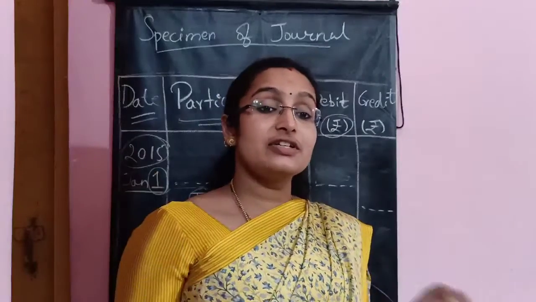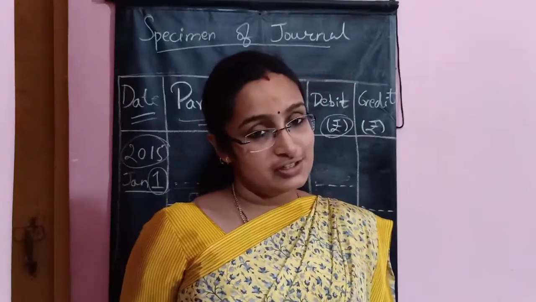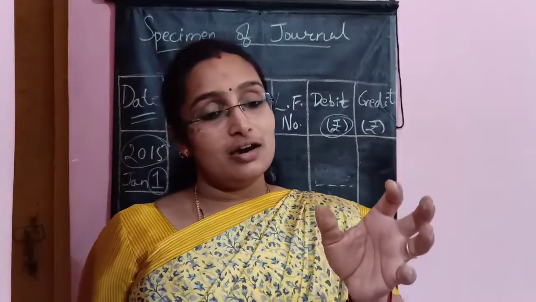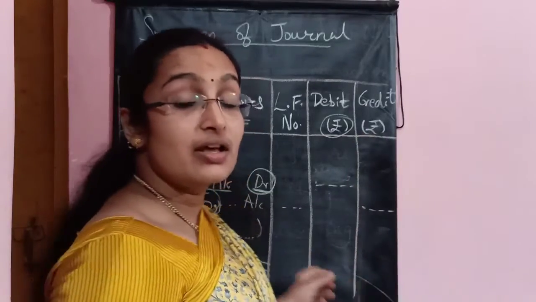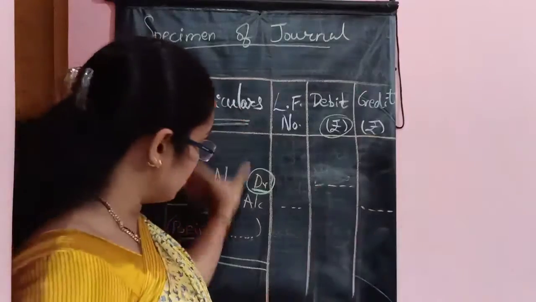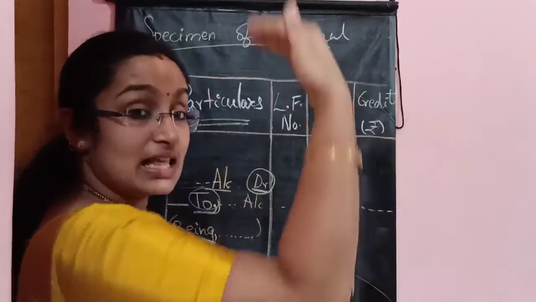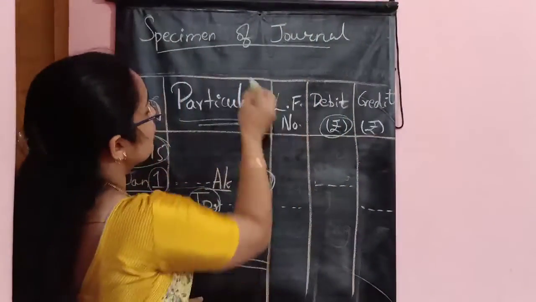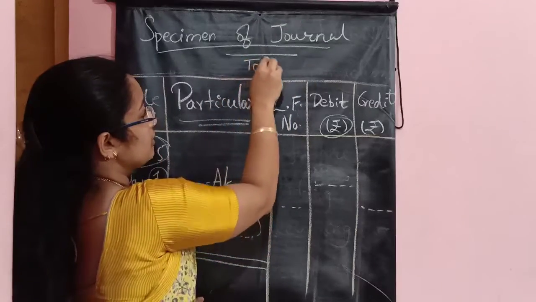Well, after the complete entry of journals for a period of time, the total of the journal has to be done with the word total in the particulars column, in between which will have a single line in the above part. I'll show you, you have to write this way, total over here.